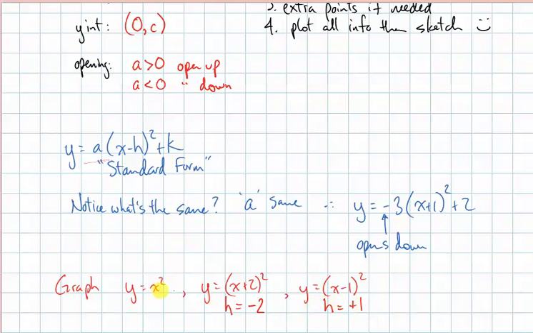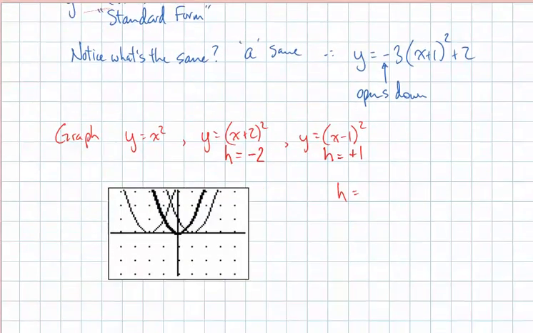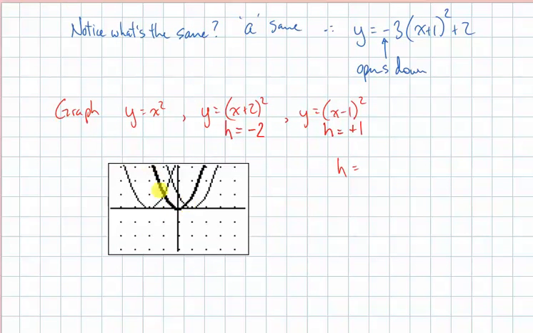If we graph these three with a graphing calculator or software, we would see these three graphs. The bold one is y = x squared. The one where h equals negative 2 is actually this graph here that has translated, which means moved, to the left.